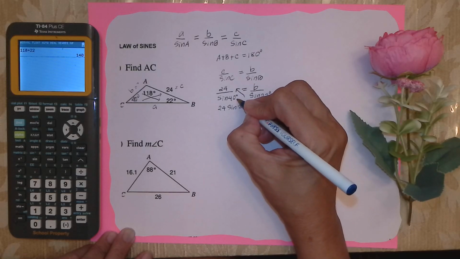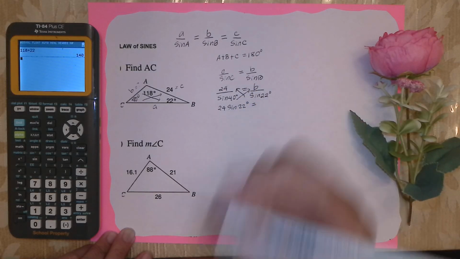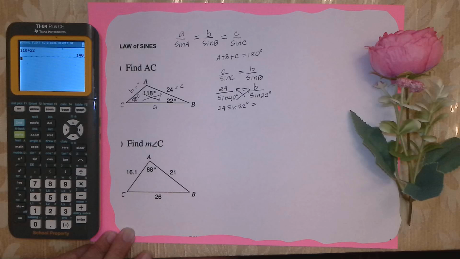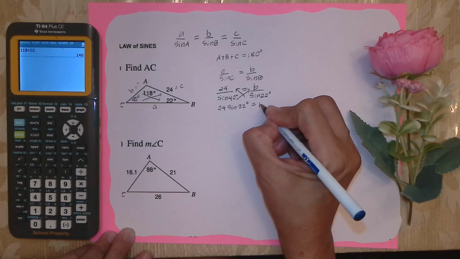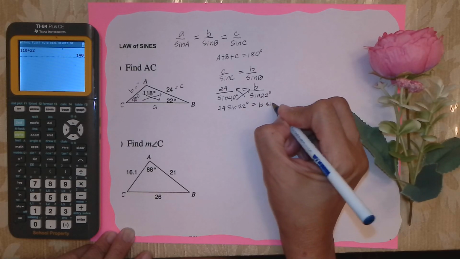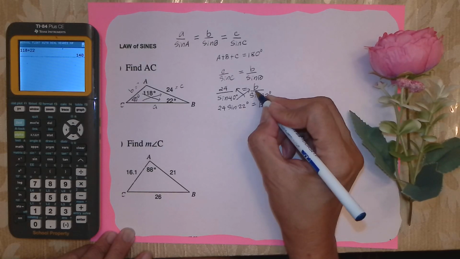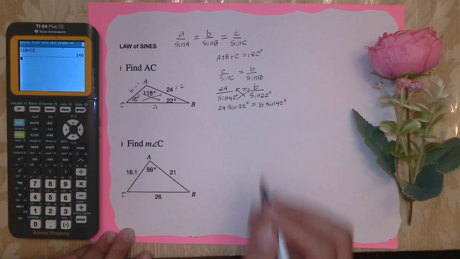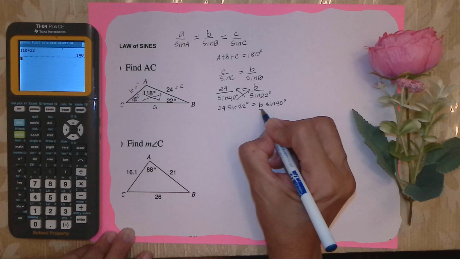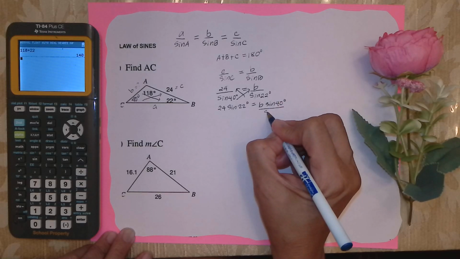But if you want to continue the cross multiplication on the other side because you're still not seeing the b by itself, you can still work out this problem this way. b times sine 40 is b sine 40 degrees. Then your goal is to let the b by itself, so we'll be dividing this by sine 40.